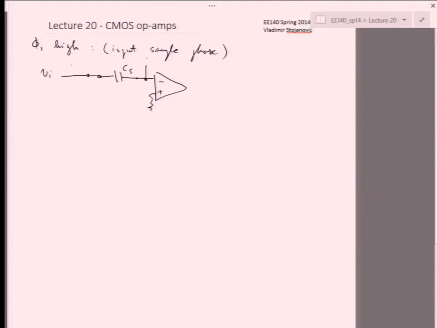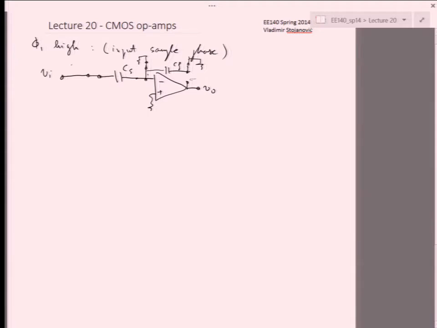And then I have CF here, but notice that CF is actually connected to ground, and VO is open. So there's no feedback path here, because we broke this connection over here. And then there's 0 voltage across CF, so CF is in a reset state. And all the input voltage is essentially dropped across CS.